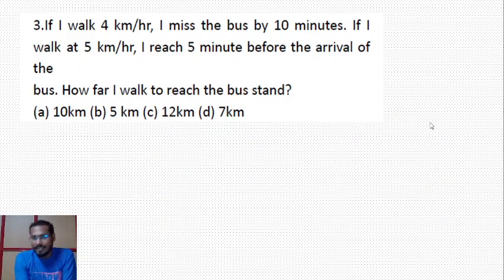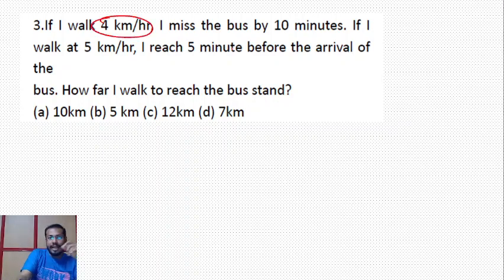Next question. This question is a little bit different. If I walk at 4 kilometer per hour, I miss the bus by 10 minutes. If I walk at 5 kilometer per hour, I reach 5 minutes before the arrival of the bus. How far do I walk to reach the bus stand? This is a model of time, speed and distance questions, because at one speed, 4 kilometer per hour, I miss the bus, that means I reach the bus stand too late.